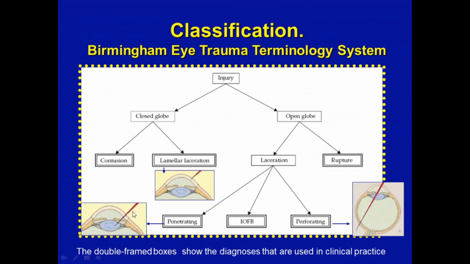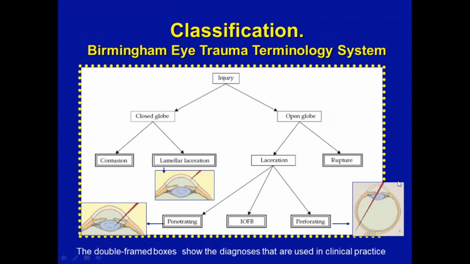one part of the eyeball is affected, intraocular foreign body, and perforating, when we see two holes. As for penetrating, one hole.